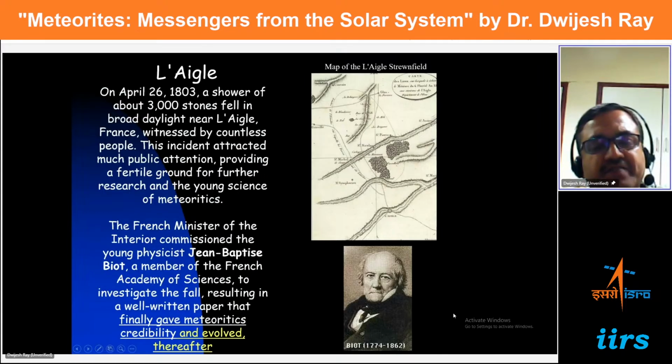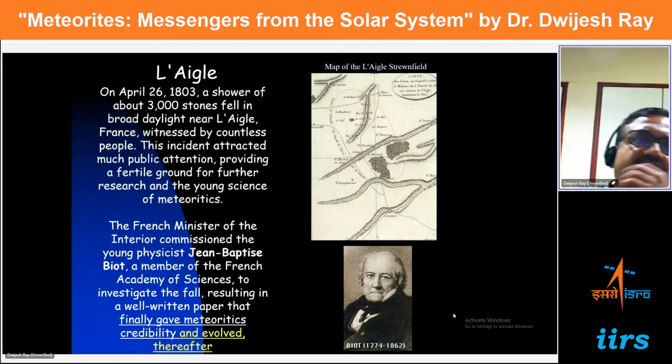And finally, this man is a physicist who tried to map a meteor shower. In 1803, there was a meteor shower where they tried to collect almost 3,000 stones. This is the map of the shower that he mentioned in his manuscript.